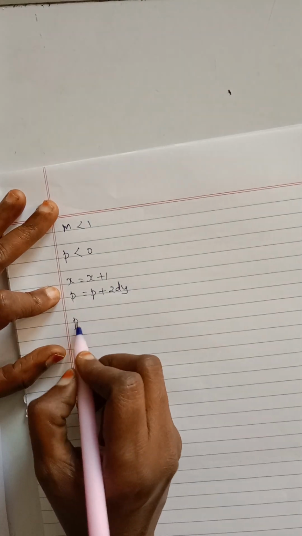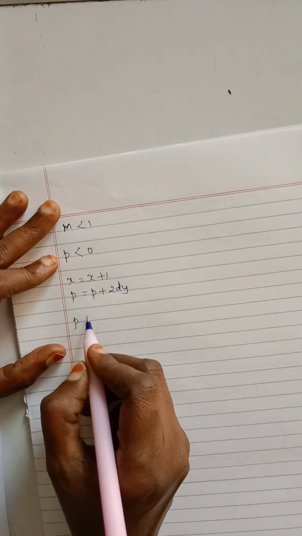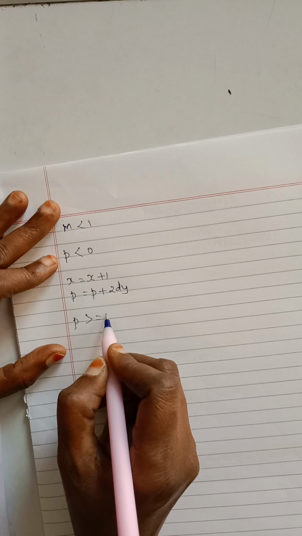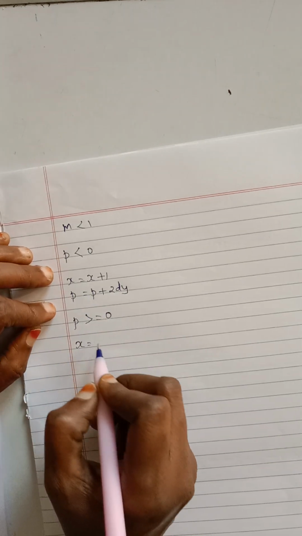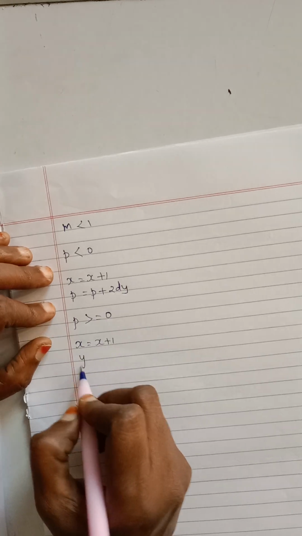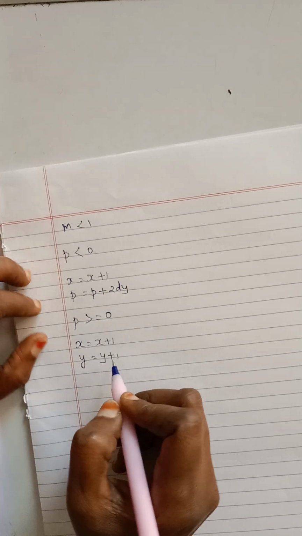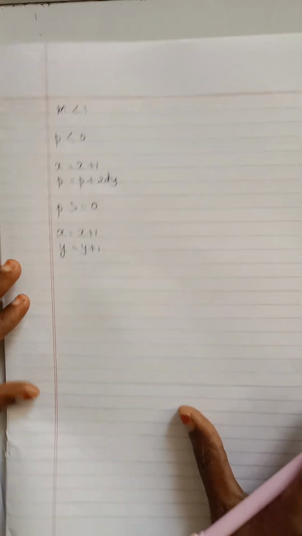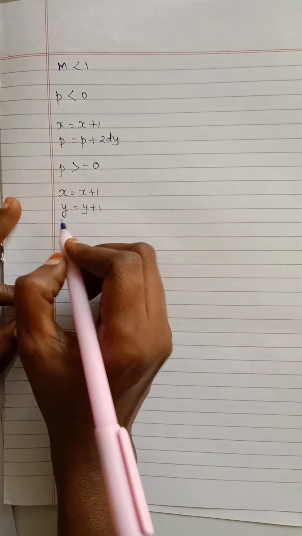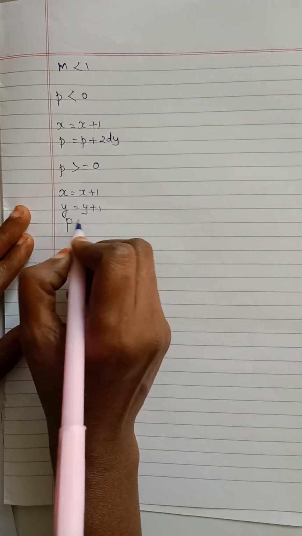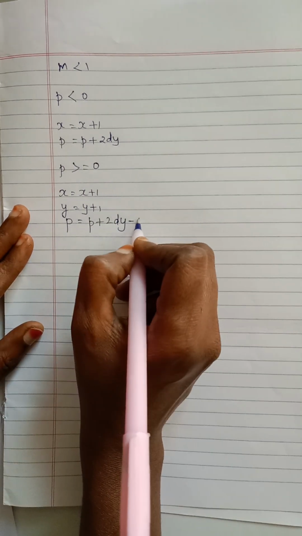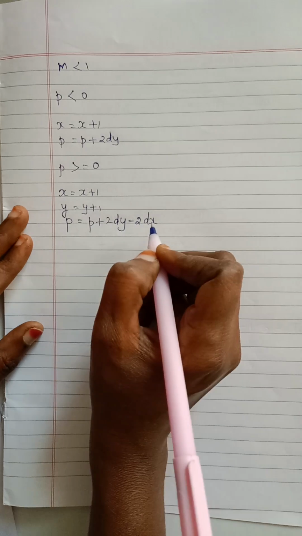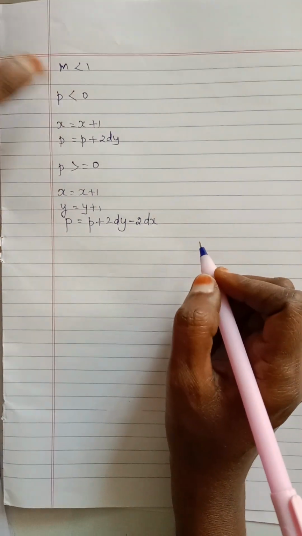Now in the same case, when p is greater than or equal to 0, then x is equal to x plus 1, y is equal to y plus 1, and the decision parameter p will be p plus 2 dy minus 2 dx.